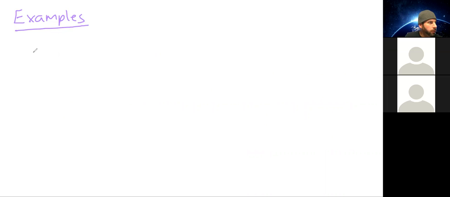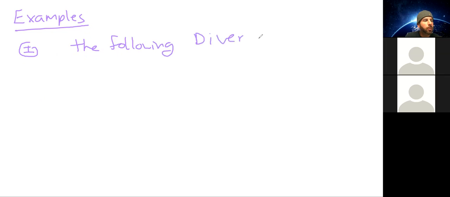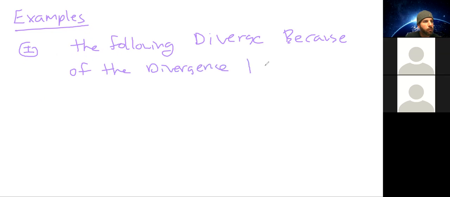So here's what you need to understand. The following diverge because of the divergence test. So let's look at a couple series that we know just by looking at them that they can't converge.